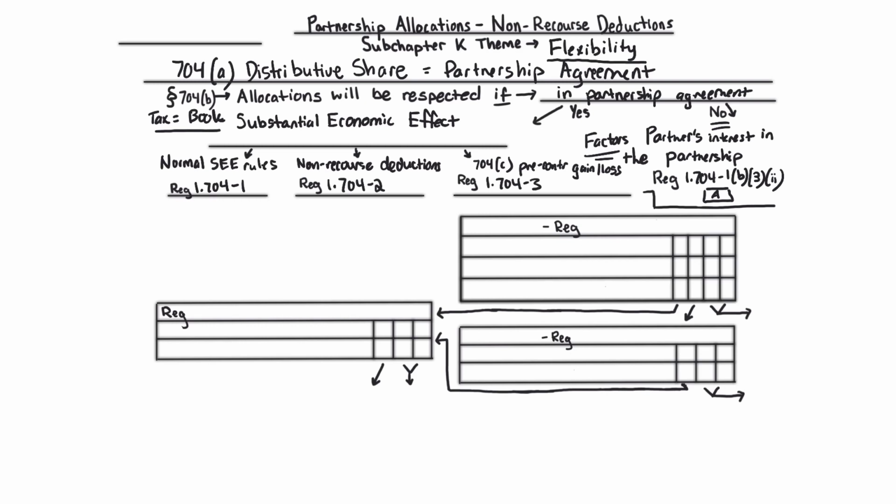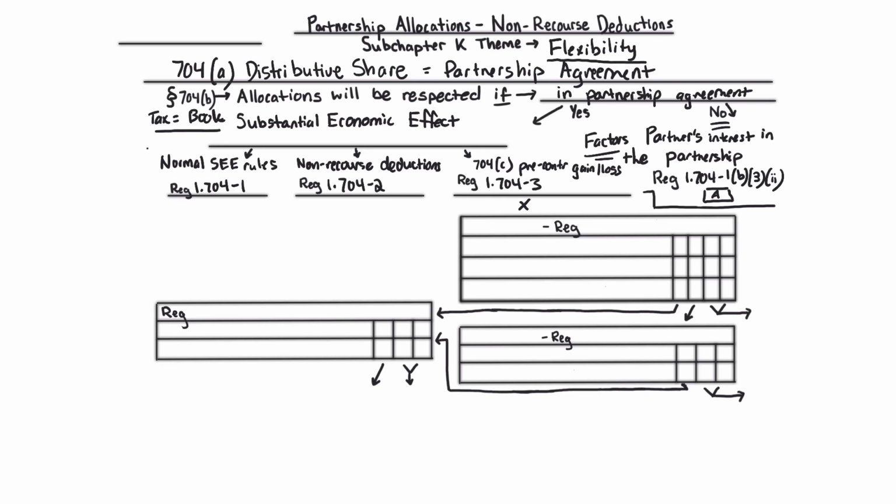Now, the pre-contribution gain or loss issue is not going to be relevant to this presentation. And the reason why is because under pre-contribution gain or loss, 704(c), Reg 1.704-3, this is when a partner in the partnership contributes already existing property where there's a built-in gain or loss. And then whenever there's depreciation or a gain or loss in the future when the partnership sells it, that has to be allocated a certain way.